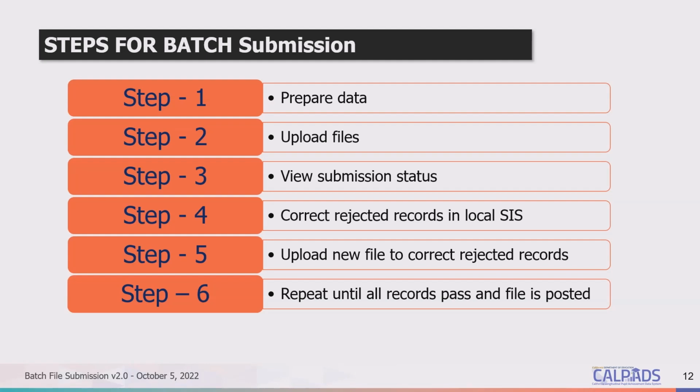You extract a new file with the clean data, and you submit that file to CALPADS. Hopefully you go down from, let's say, 40 errors to 20, and you slowly whittle down each error until you can have a file submitted with 0 errors. Again, once you have a file with 0 rejected records, it will automatically post to CALPADS.